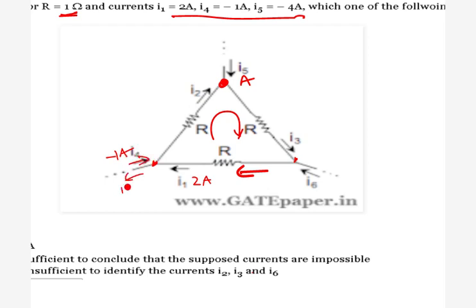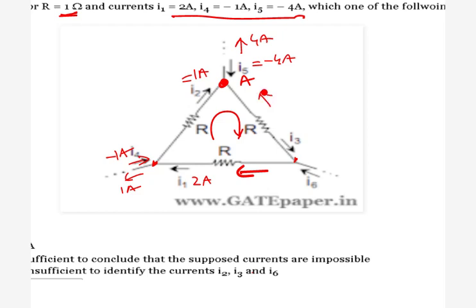Right? And again, I5 is -4 amperes. So 1 amp is coming here, and -4 is coming from here. Otherwise, 4 is going from here. 4 amps is going, 1 amp is coming from here. So this current should be 3 amperes, or I3 is -3 amperes. Everyone clear?